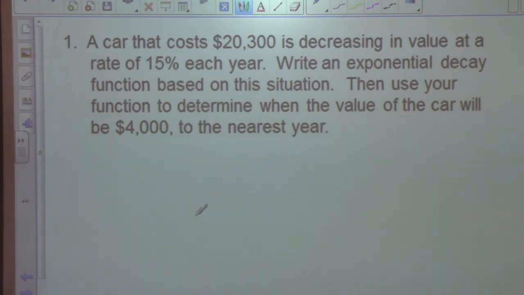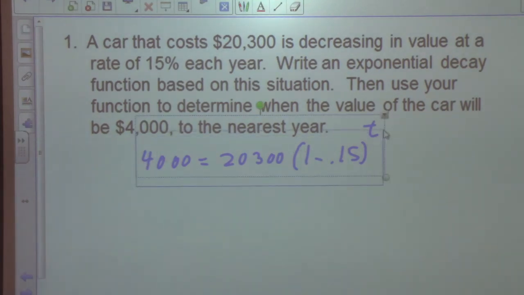I said 4,000 equals 20,300, and then in parentheses 1 minus 0.13, to the power of t. So this is the equation you use, right? Yes. Before we go on and solve this, I want to mention something because I talked about not putting the cart before the horse.